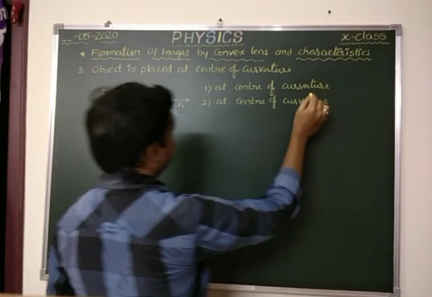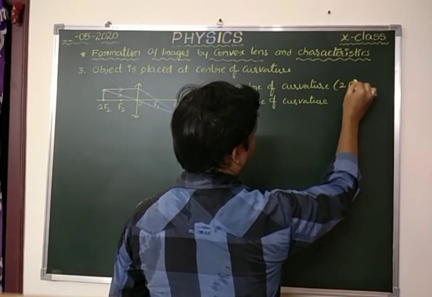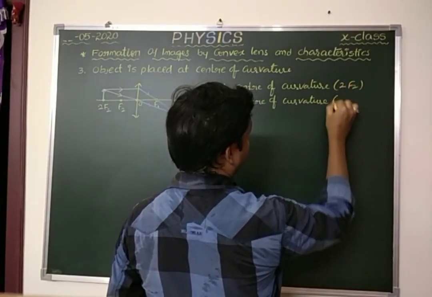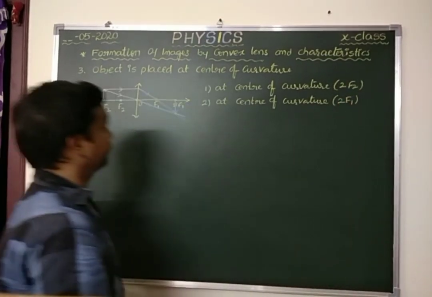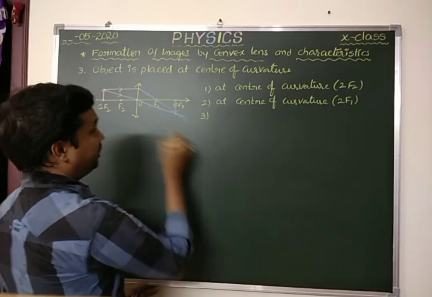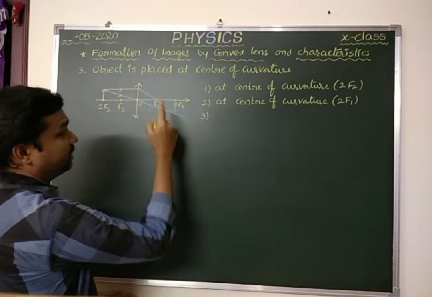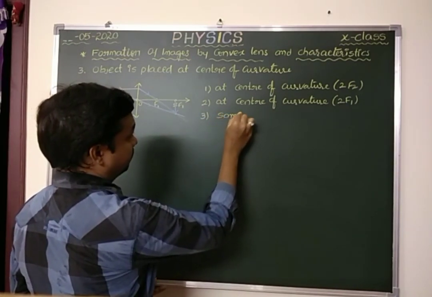You can take this as 2F2 and this is 2F1. What is the size of the image? Object size and image size both remain the same size.